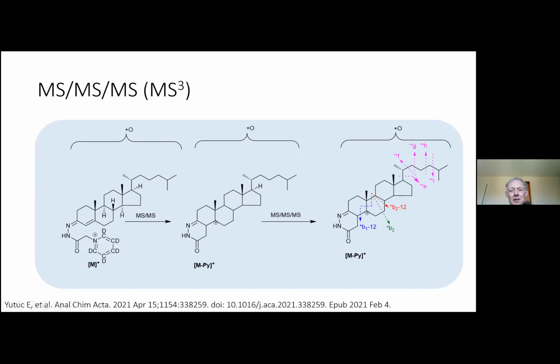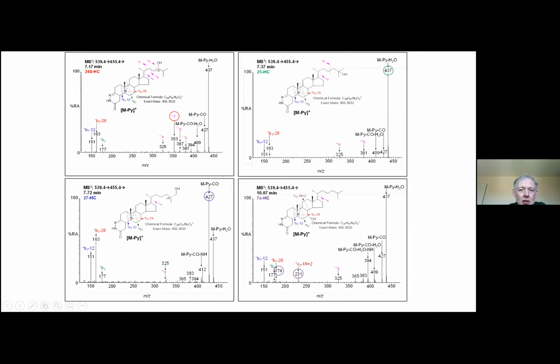So this is really useful because you can pinpoint the position of oxidation of any oxysterol. So this is really useful for the identification of unexpected oxysterols. So just to show you some MS3 spectra, I'm running out of time now, but you can take my word for it, the MS3 spectra of different isomers, they're all different.